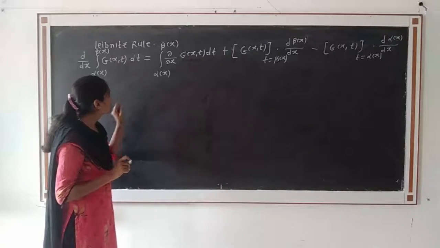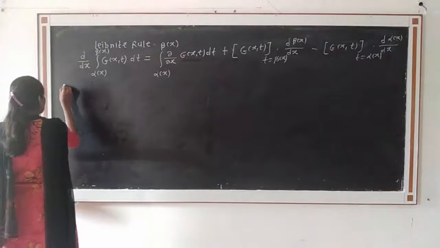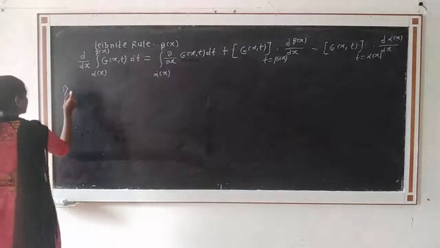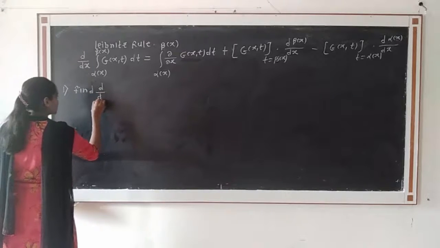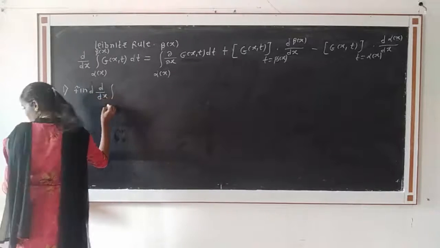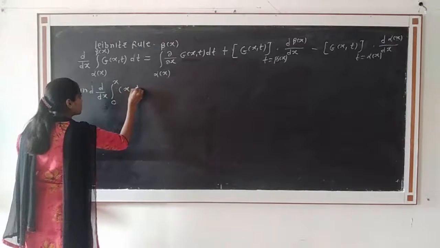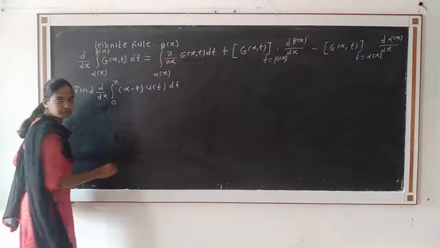Then we see one simple example on the Leibniz rule. Example number 1. Find d by dx of the integral from 0 to x of (x minus t) into u of t dt.